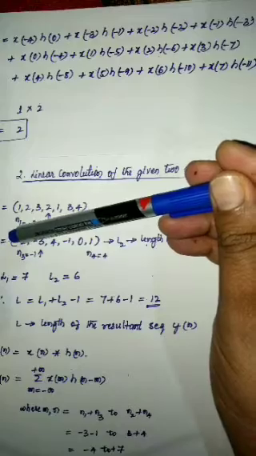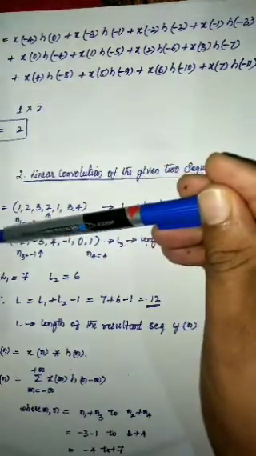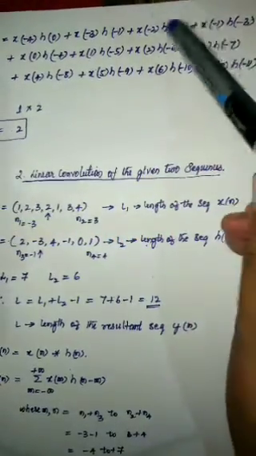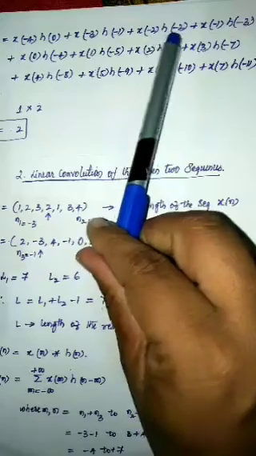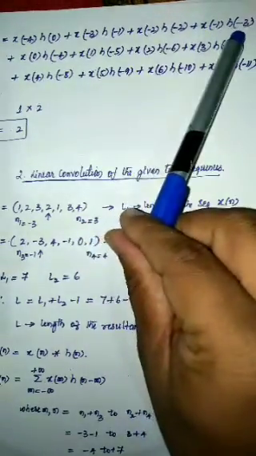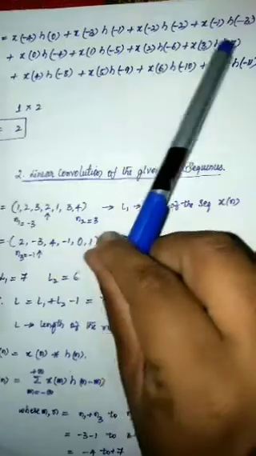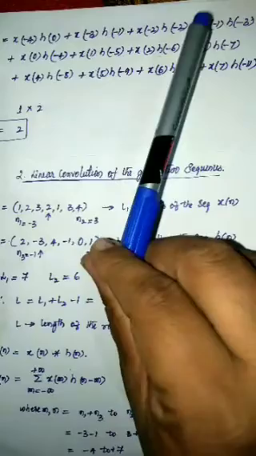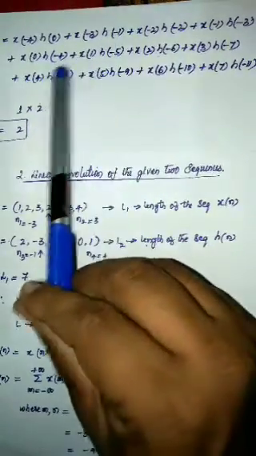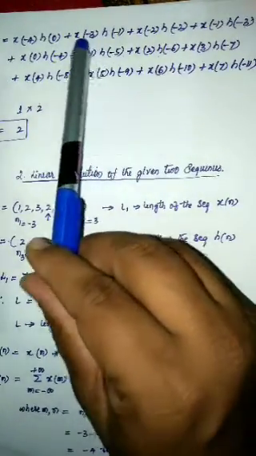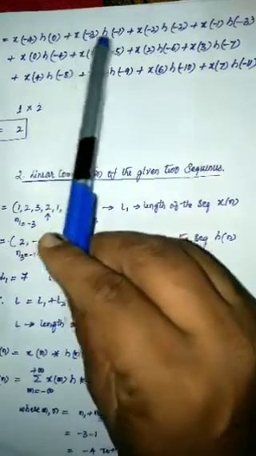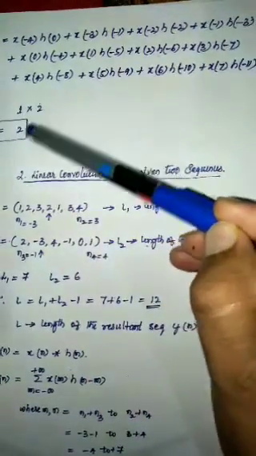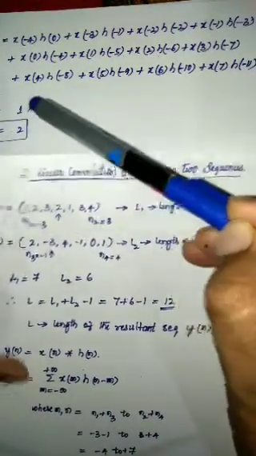Therefore, its value for minus 2, minus 3, minus 4, minus 5, etc., are all equal to 0. Wherever h of minus 2 and onwards are there, h of minus 2, h of minus 3, h of minus 4, up to minus 11, those values are all equal to 0. 0 multiplied with any value will always be 0. Therefore, we will be getting the value for only this term, x of minus 3 into h of minus 1, that is 1 into 2, which is equal to 2 there, right?